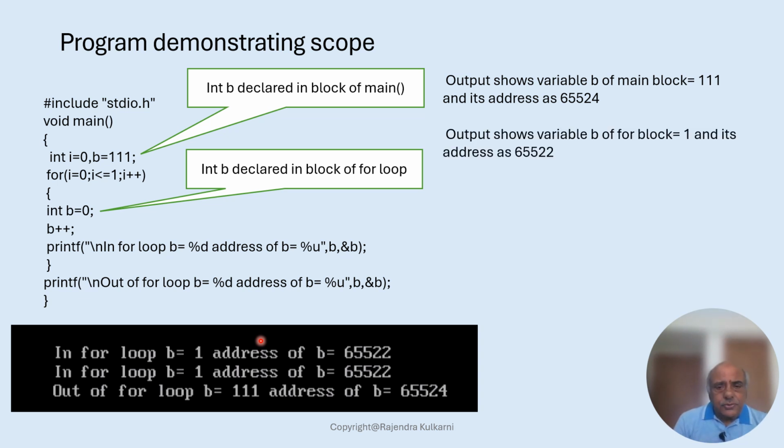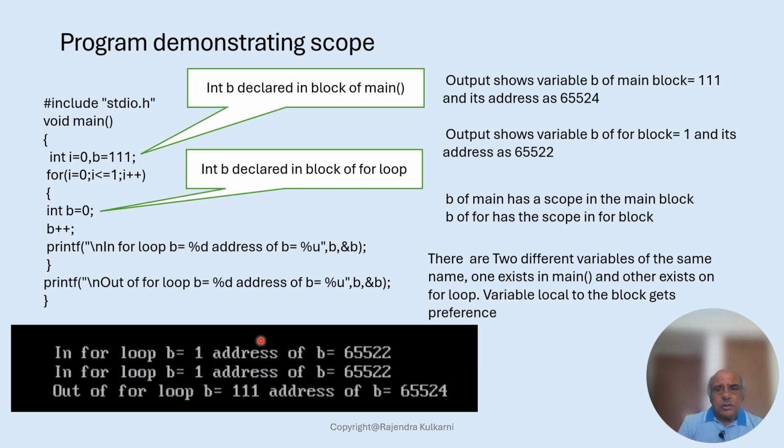So when there are two memory locations, both named b, there are two b variables. The b of main has a scope in the main block. The b of for loop has the scope in for loop block. So actually there are two variables of the same name. One exists in main, other exists in for loop.